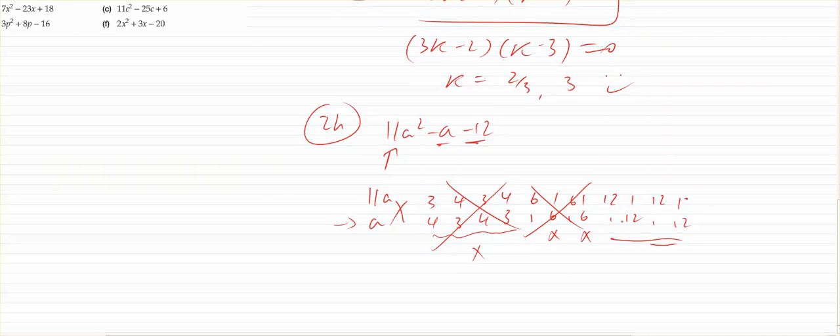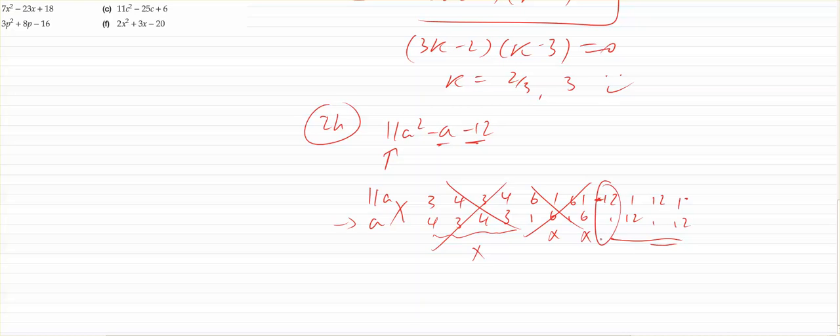So before I even write which one's negative and which one's positive, you need to find which one makes sense. If I have 11 and 12, and 1 and 1, wouldn't that work? It would, because I can make the 12 negative, and I can make the other term positive. I get 11a plus negative 12a, which is negative a.